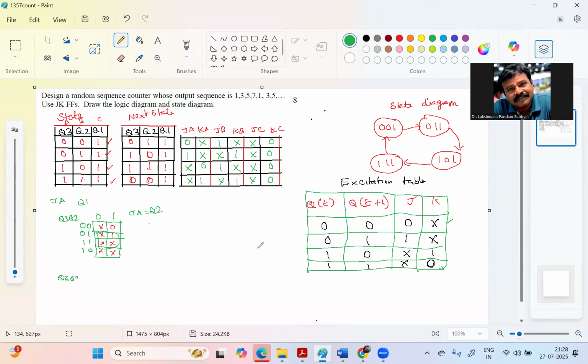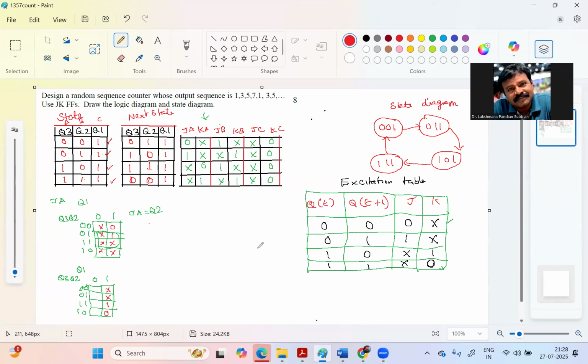Q3, Q2, Q1 with 000, 01, 11, 10. Now we have to build the Karnaugh map. Now KA: the first one is X, the next one is also X. Then the last one is 5, where we have 0 and this is 1.